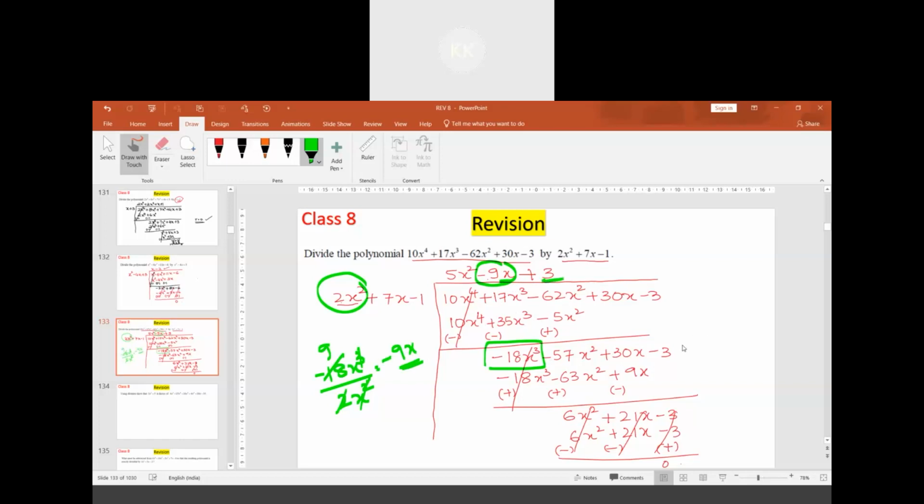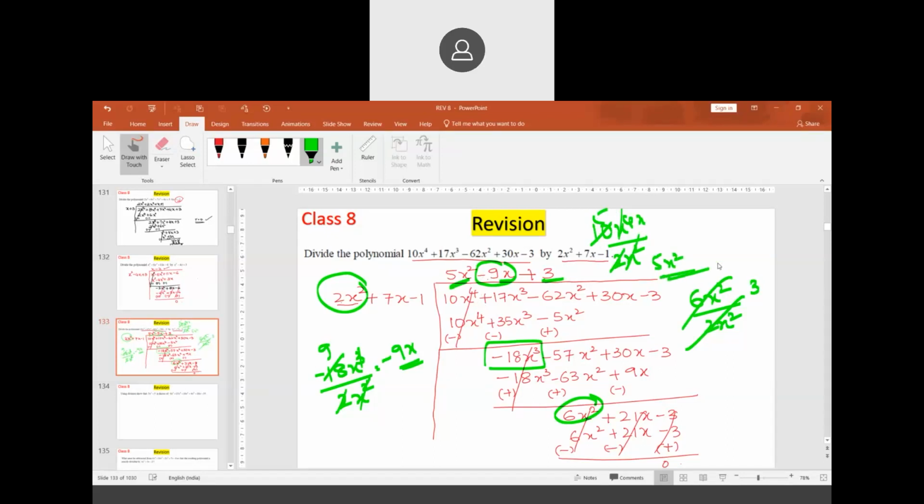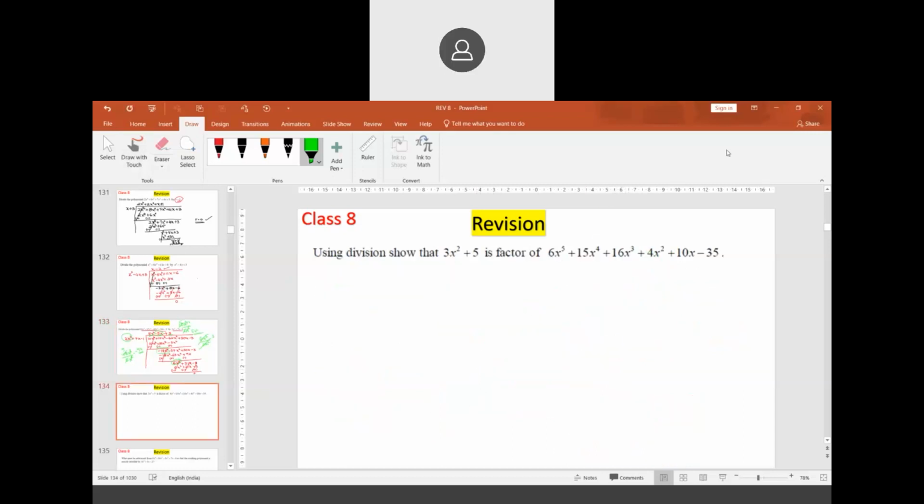Here we are having 6x square. Divide this by 2x square. This will be 3 times. So 3 is written. Why did I write 5x square? 10x to the power of 4 divided by 2x square, x square will remain, 5 times. So 5x square. This is how you should guess the number. Yes, very good.